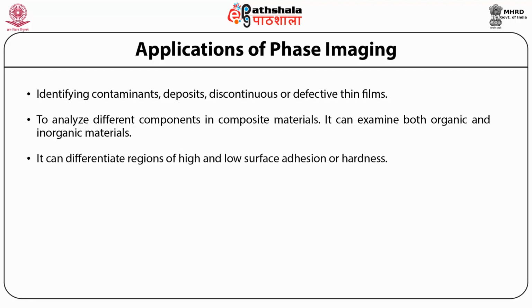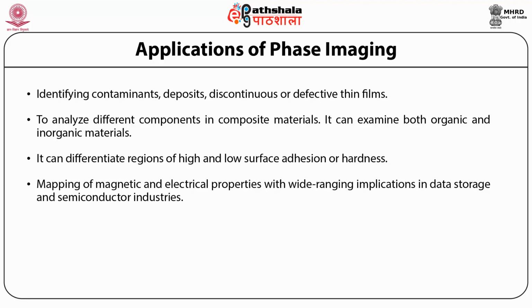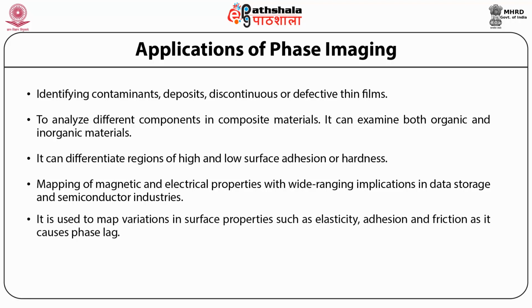It differentiates regions of high and low surface adhesion or hardness. It is useful in mapping of magnetic and electrical properties with wide range implications in data storage and semiconductor industries. It is used to map variations in the surface properties such as elasticity, adhesion, and friction as they cause phase lag.